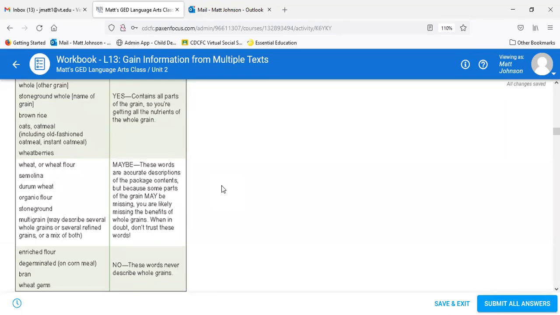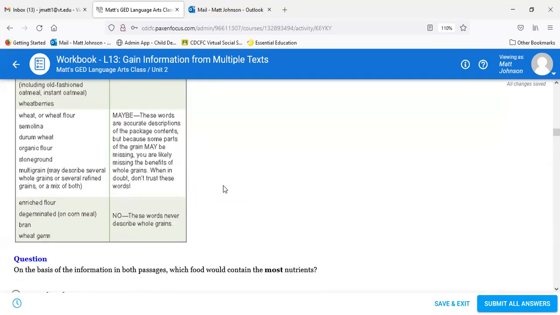So organic flour, semolina, wheat or wheat flour. So those words, maybe, no. That bottom little layer there, enriched flour down to wheat germ. No, these words never describe whole grains. Bran, wheat germ, degerminated, or enriched flour.